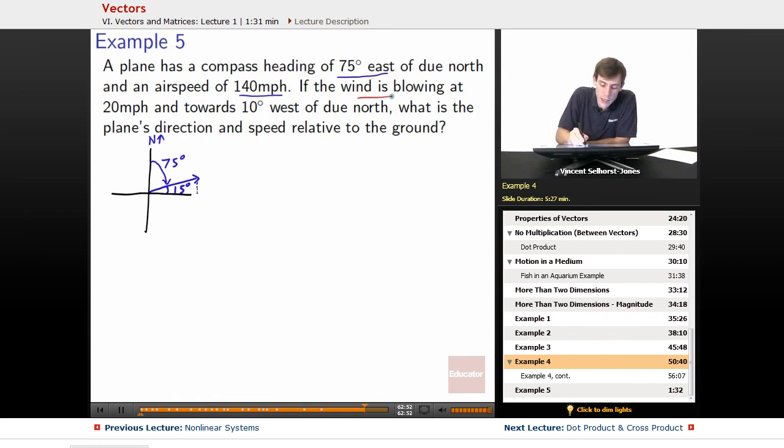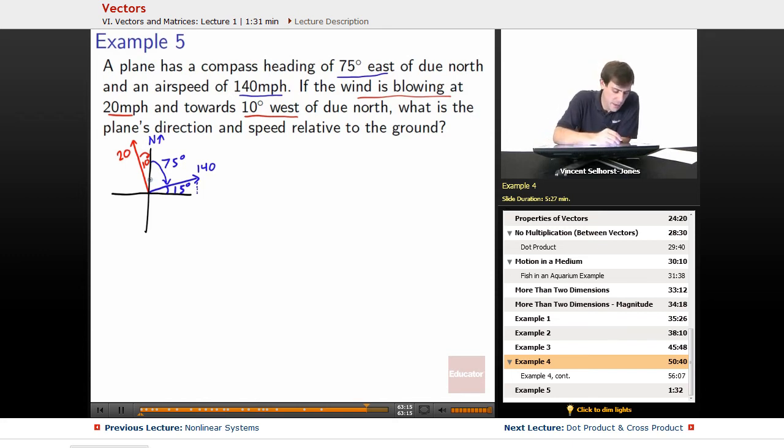So we've got the wind blowing at 20 miles per hour and towards 10 degrees west of due north. So once again, it's off of due north, and now it's just a little off, 10 degrees off here, and it's a total of 20 miles per hour. So we've got 140 miles per hour this way and 20 miles per hour, 10 degrees to the west of due north.